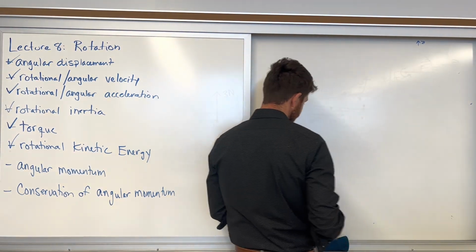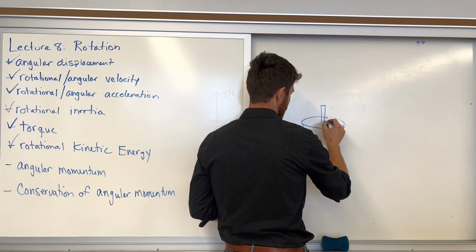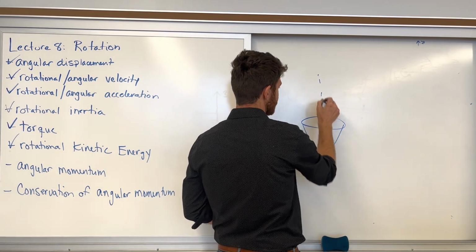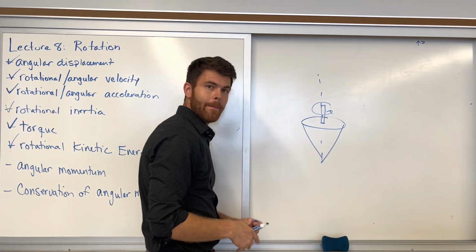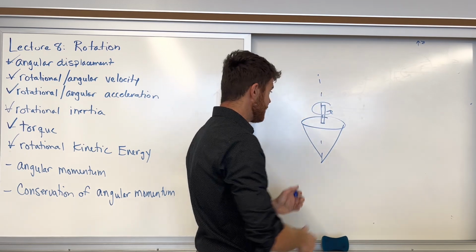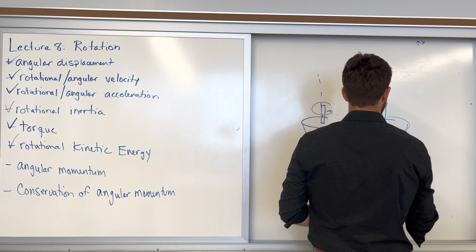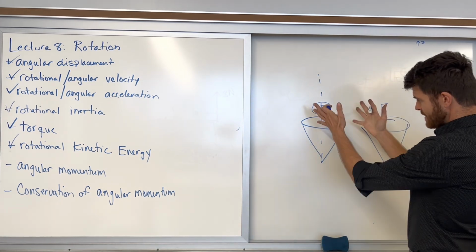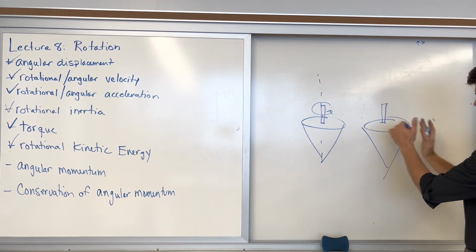For example, we spin a top, and so a top starts rotating about this axis of rotation. While it's rotating, the top stays upright. If it's not rotating, what happens? It just falls down.